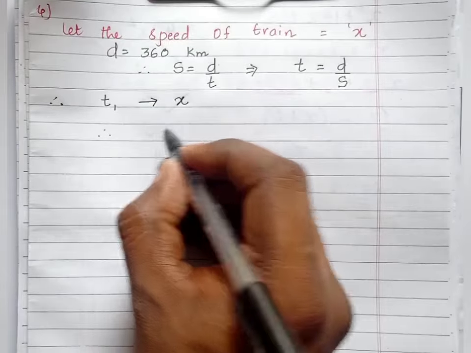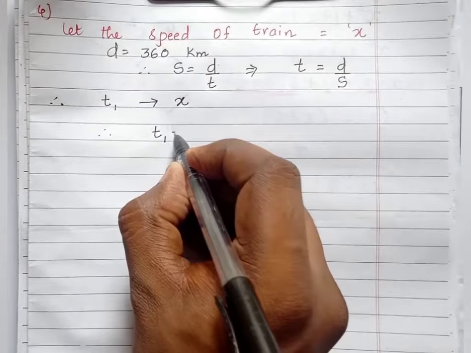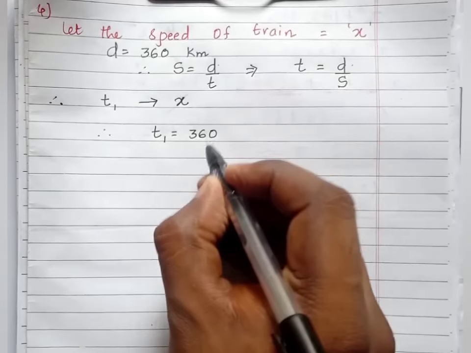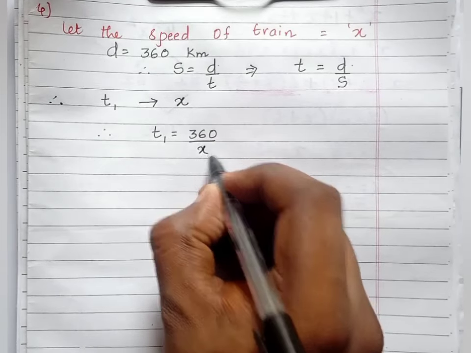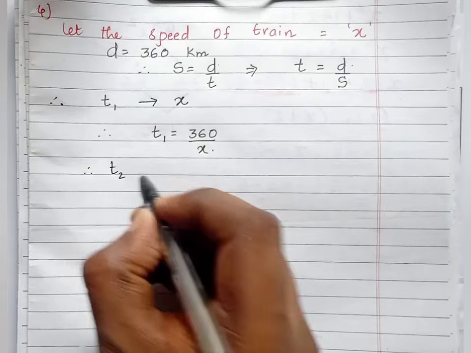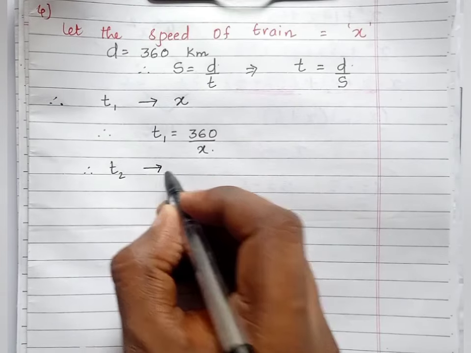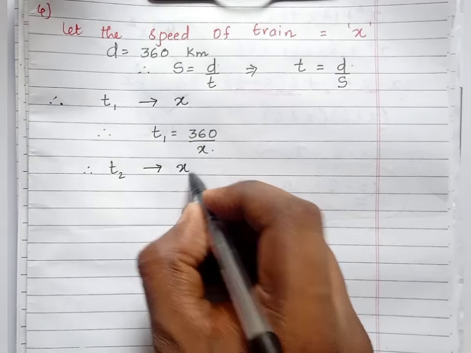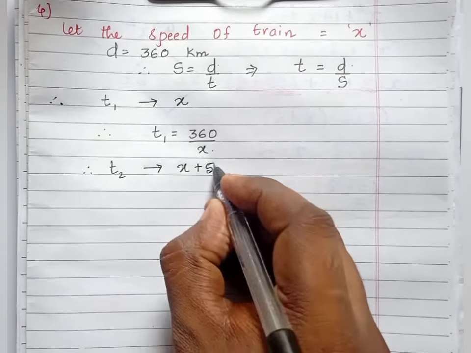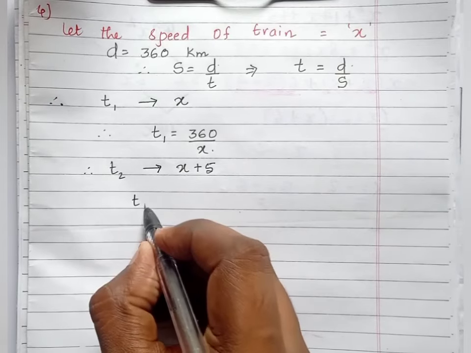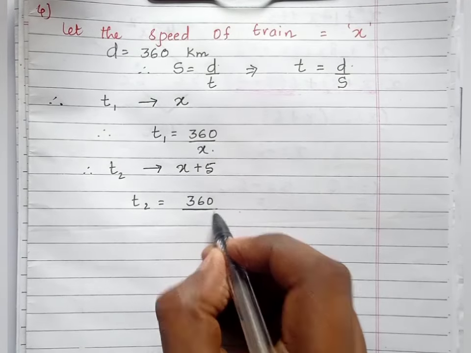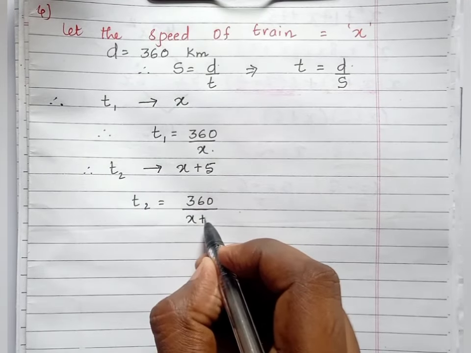Therefore t1 equals the distance travelled, 360, by the speed, x. Let t2 be the time taken by the train if the speed has increased by 5 km, that is x plus 5. Now t2 equals the distance will be same, 360 divided by the speed, x plus 5.